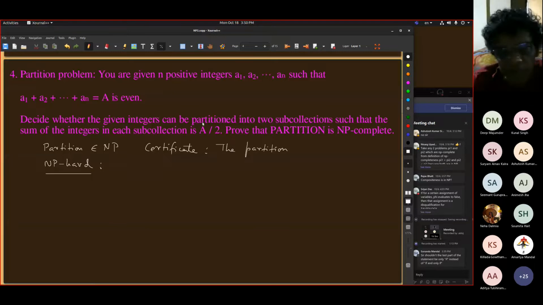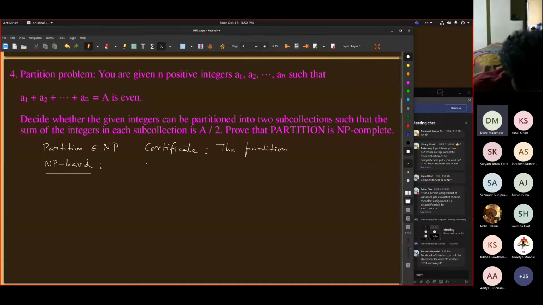So given a set S and a target T, we construct a new set, reducing subset sum to partition, where the sum is 2T. I want to find a new S prime with sum 2T.